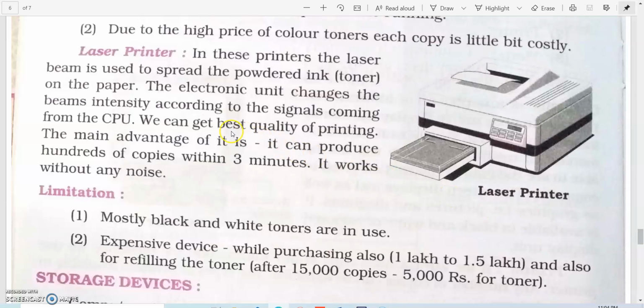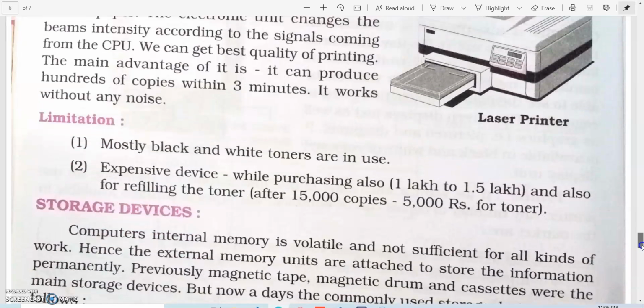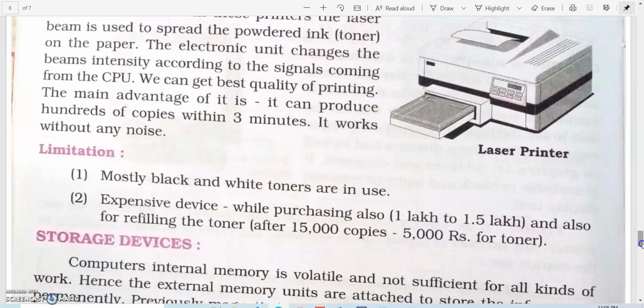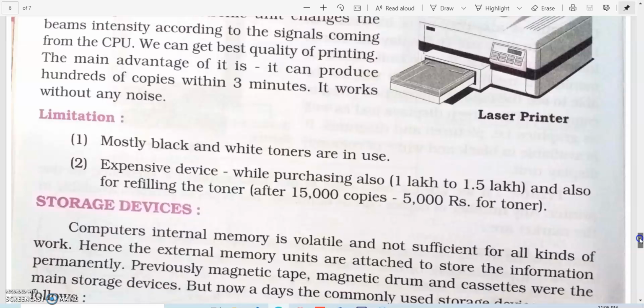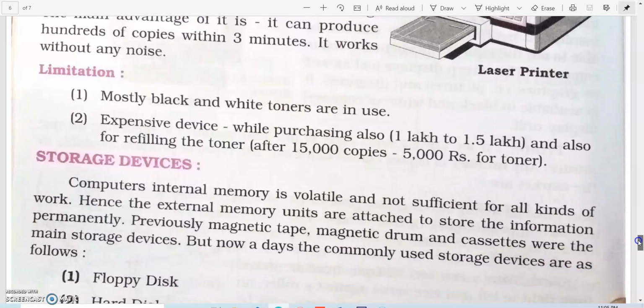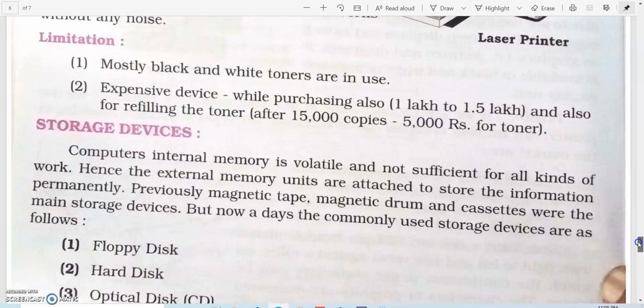Then we will see the laser printer. Actually, it is a very common kind of printer. You can see it everywhere. If you go to a net cafe, you can see this kind of printer. It has good, otherwise you can say the best, quality of printing, and it prints copies in 2 or 3 seconds.